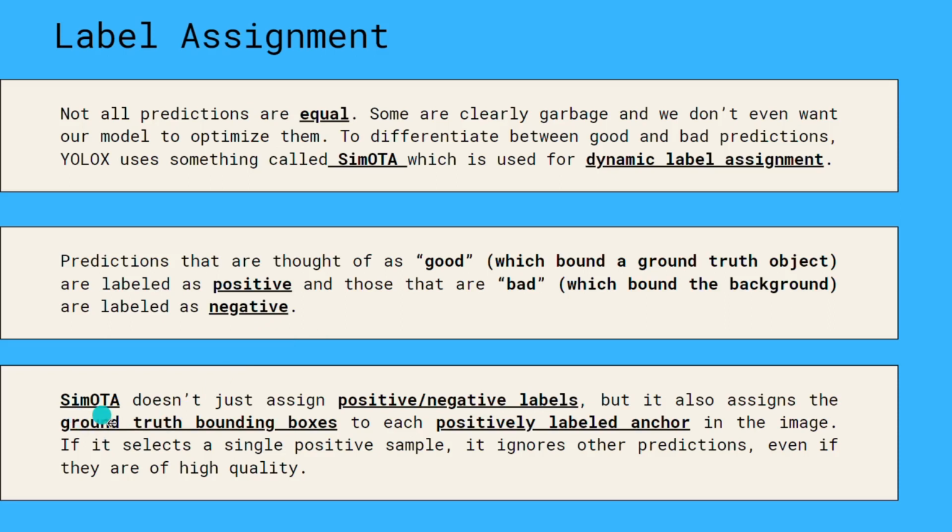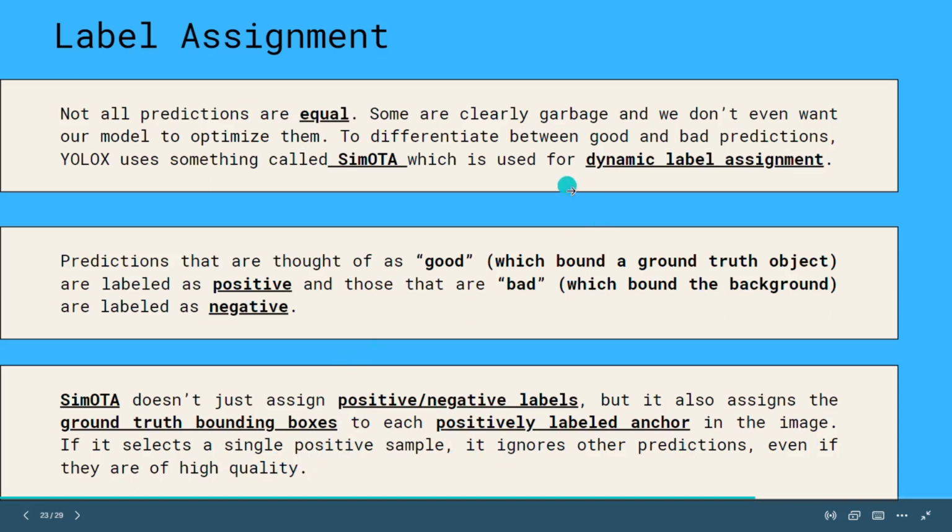And SimOTA doesn't just assign positive or negative labels, but it also assigns the ground truth bounding boxes to each positively labeled anchor in the image. If it selects a single positive sample, it ignores other predictions even if they are of high quality.